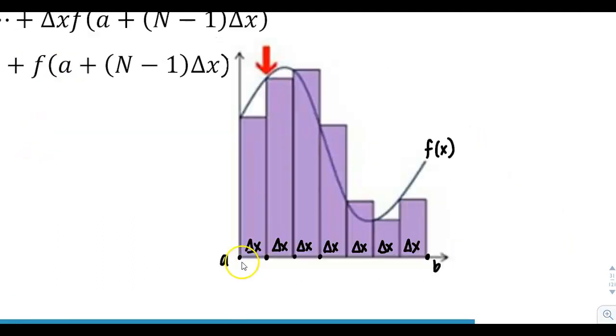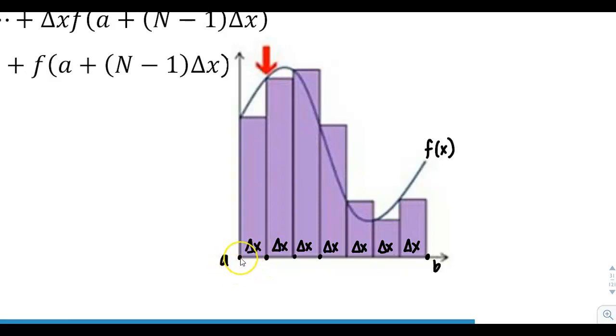So here I can see that my left endpoint is A, my right endpoint is B. Each of these widths are generically delta x. I have my function f of x. Now here, this first point is generically going to be represented by the value of a, whatever it is, plus this width delta x.